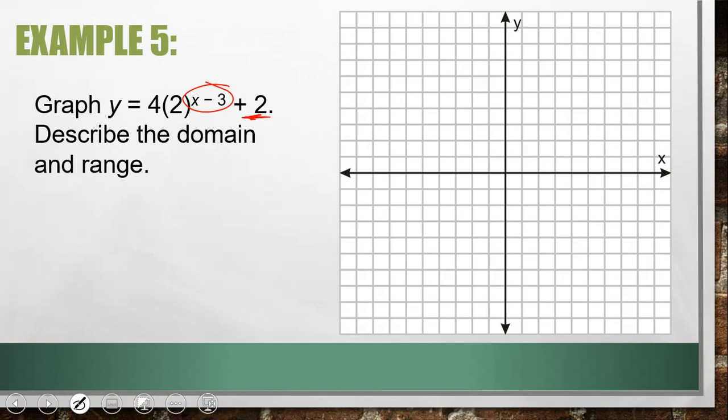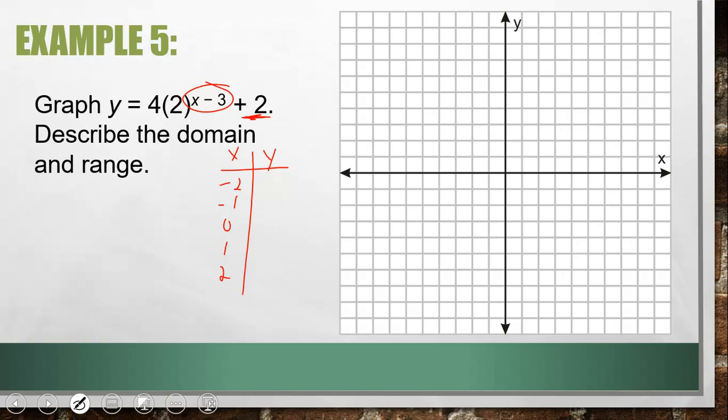Now, in this particular case, you might have to adjust what x values you use because you might not get the full shape of the graph here. But again, just plug in x values. So let's create our table of values here, x and y. I'm going to still use -2, -1, 0, 1, and 2.